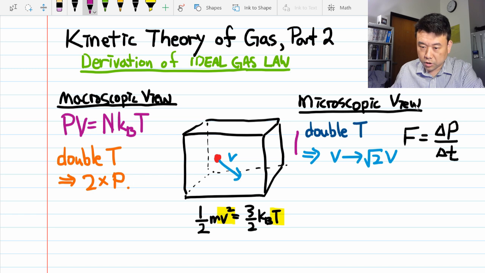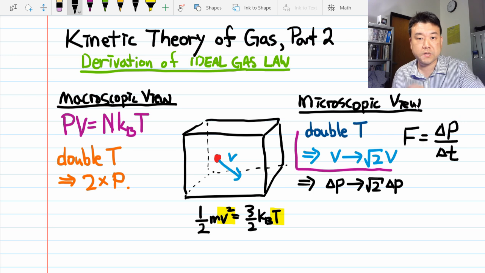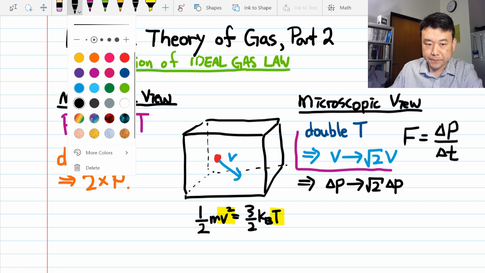So what we talked about here does mean my change of momentum only increases by a factor of square root of 2, because momentum is mass times velocity, so if your velocity increases by a factor, then so does your momentum. But here's what I was almost about to leave out.